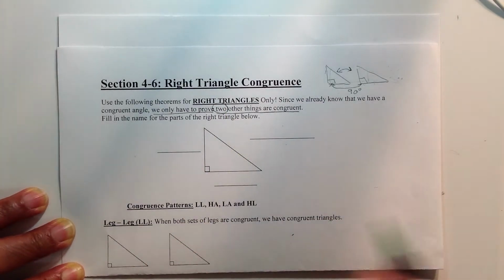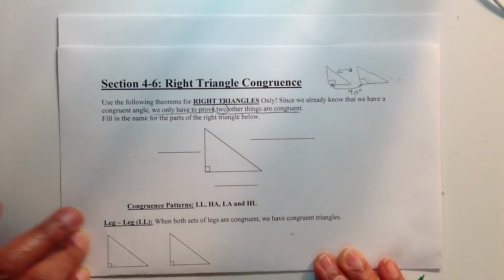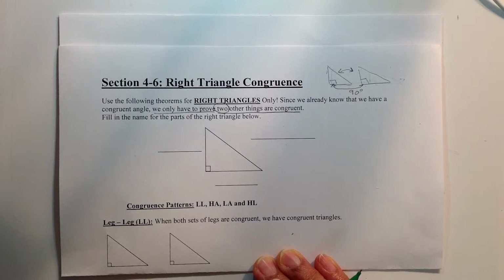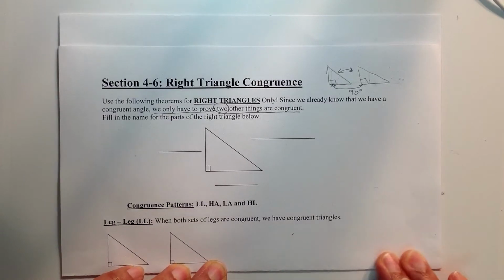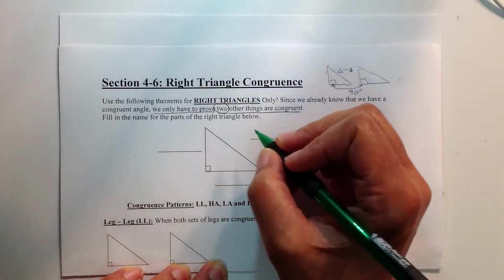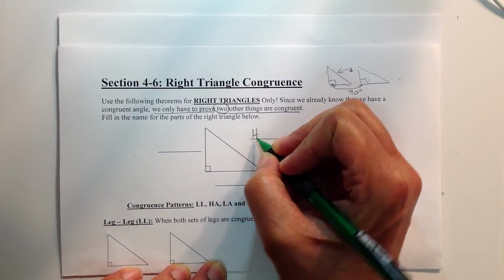So let's start out by making sure that we are labeling our triangles in the same way and using the right terminology, because that's what's going to allow us to understand the congruence patterns that we're going to use. This is just a refresher. Y'all already know this.